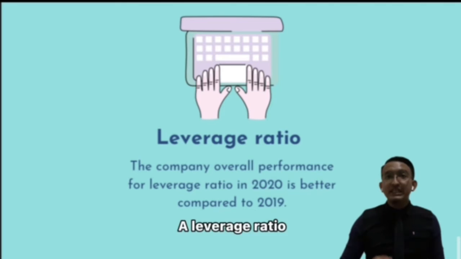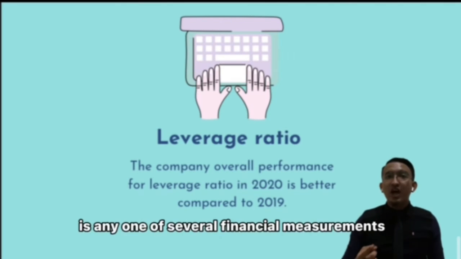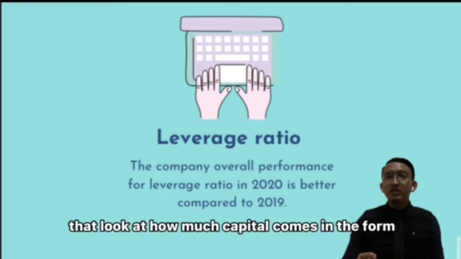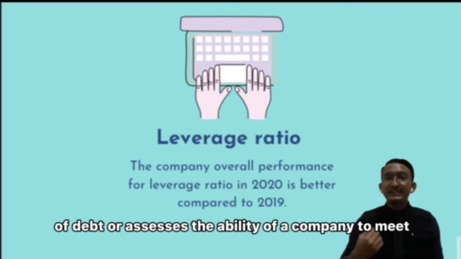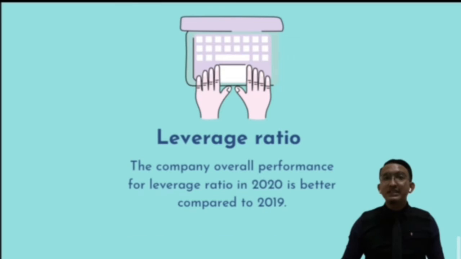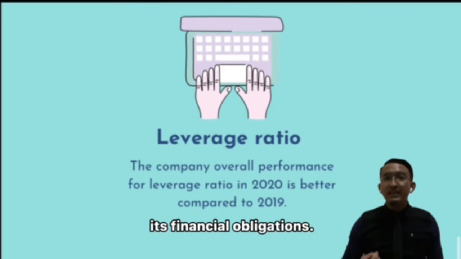Next is leverage ratio. A leverage ratio is any one of several financial measurements that look at how much capital comes in the form of debt or assesses the ability of a company to meet its financial obligation.